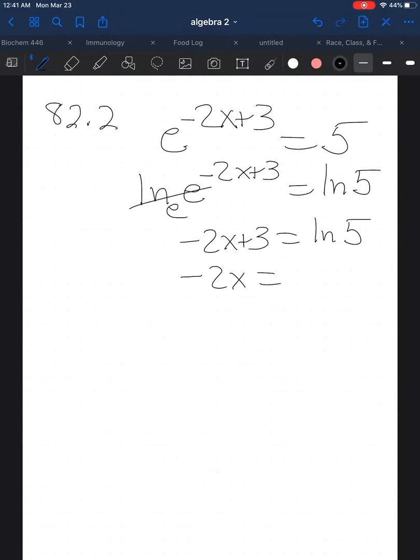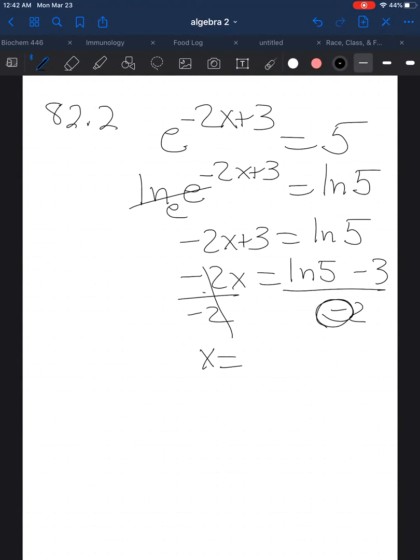And we want to get the x by itself, so that would be equal to ln of 5 minus 3. And it's not 5 minus 3, it's ln of 5 minus 3. Divide everything by a negative 2. And again, if you want to leave it in that form, it's fine, except for this negative right here. I'd have to take it up and multiply it here.